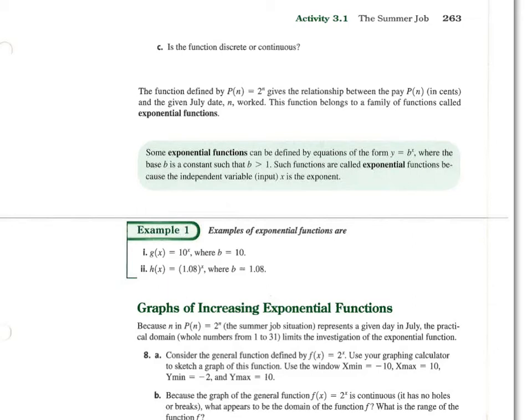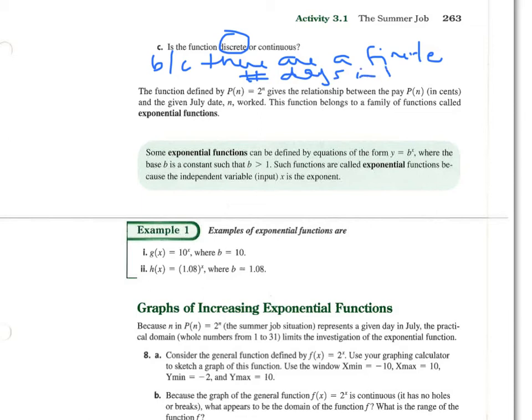So in this case, this would be discrete, because there are a finite number of days in July. If I was looking at just 2 to the n with no background, then that one would be continuous, because I can plug in anything that I want for n. It's defined for everything.